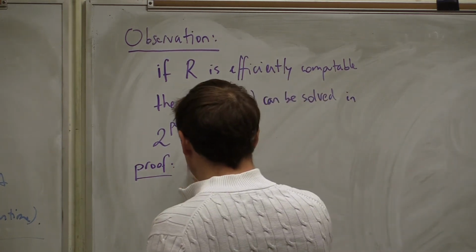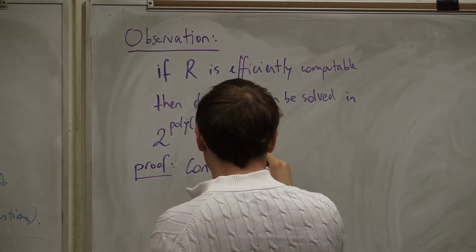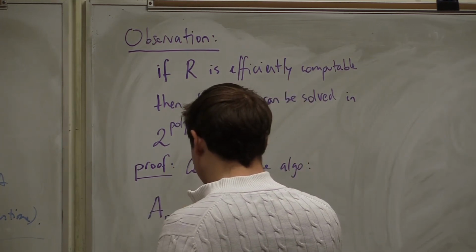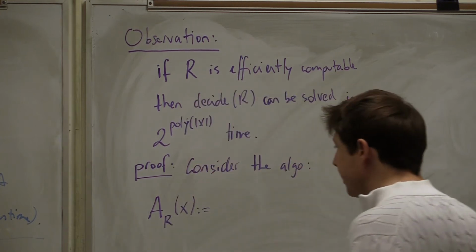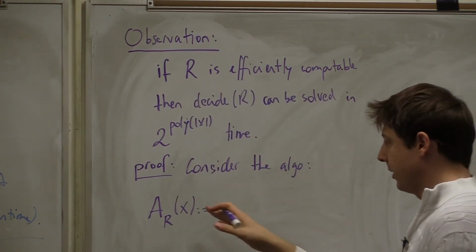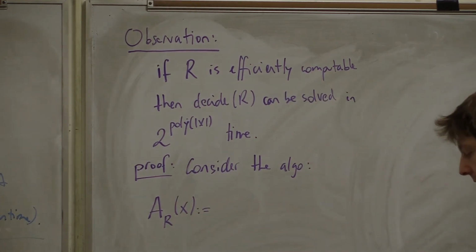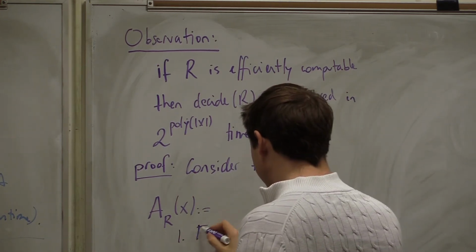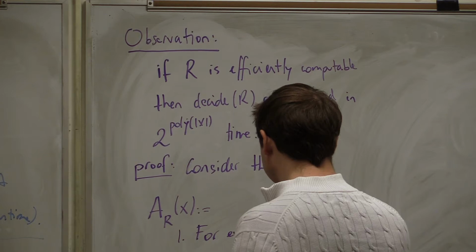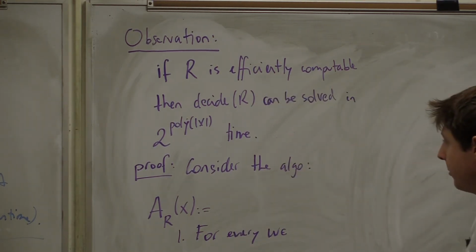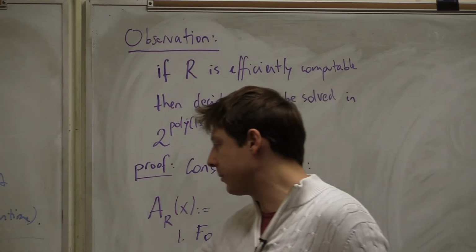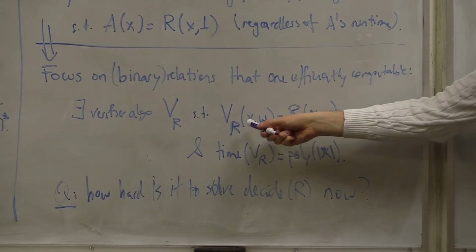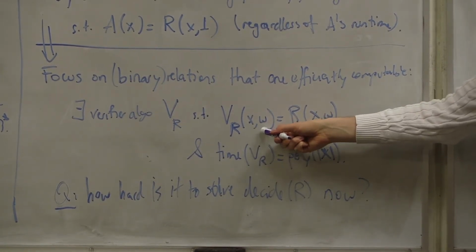Consider the following exponential time algorithm. Let's call it A sub R of x. We want to solve the decision problem associated to R. We receive x as input, and we need to decide: is there a witness? The way it works, we try every possible witness. Because V sub R runs in polynomial time, the witness associated to x cannot be more than polynomially larger than x.